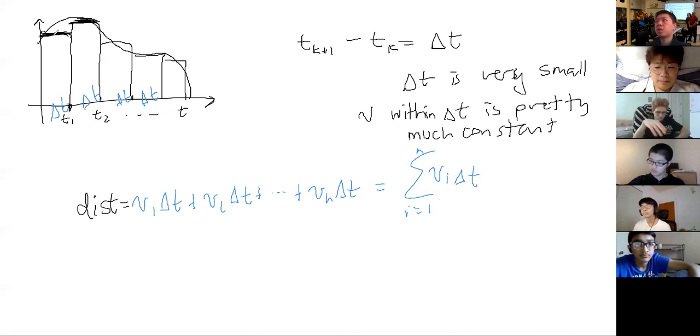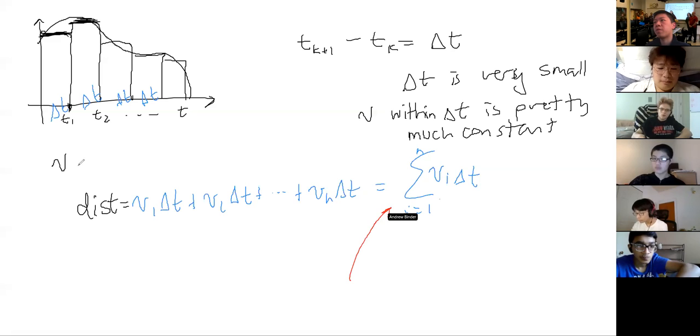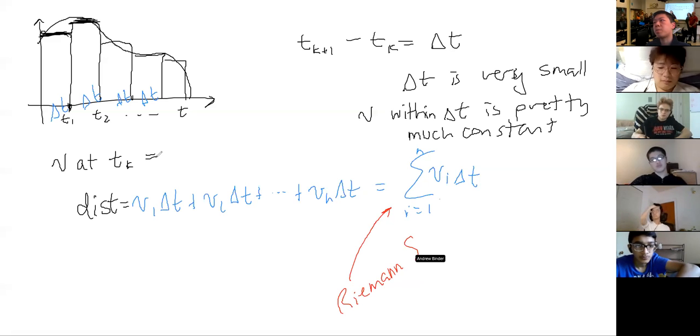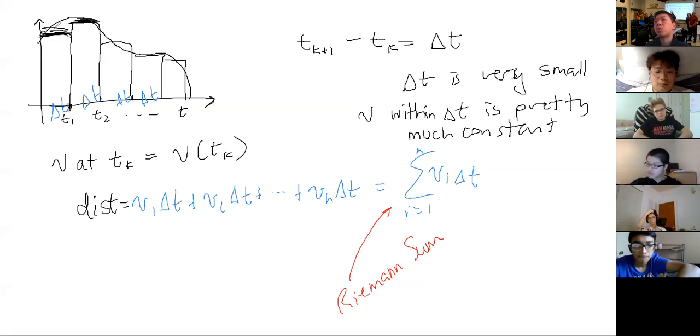If you want to assume the velocity to be constant at any given time, you want it to be close to where that function actually is. So v sub i, the v at t sub k, is going to be equal to v at t sub k, and that's where we draw our line for velocity.